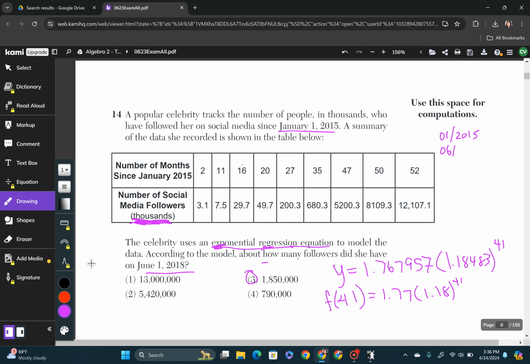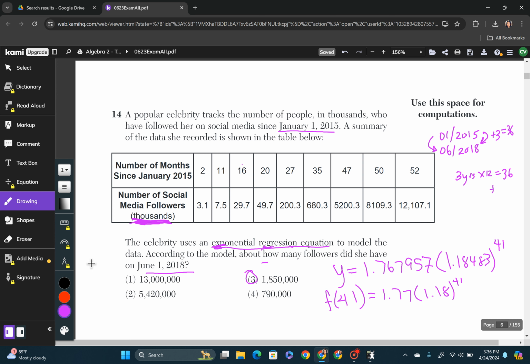So you should see that there's a 3-year jump here. 3 years times 12 months is 36 months. And then between January and June, that's another 5. So 36 plus 5 is where we get the 41 from.